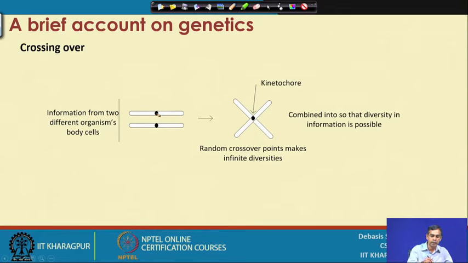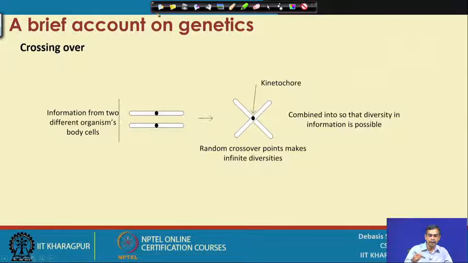So, this is the fundamental thing that is followed there. If we follow this kinetochore point in different positions, then we can have an infinite number of different possibilities of having a unique identity. So, in this sense reproduction produces a unique element every time it reproduces from two chromosomes to another chromosome, or two haploids to another diploid.